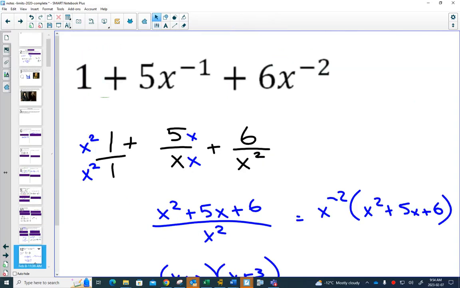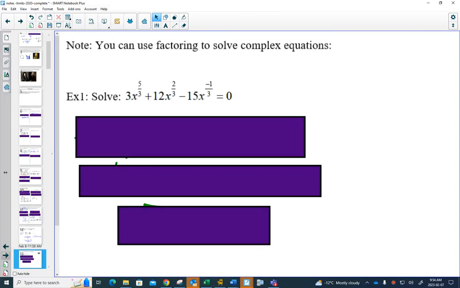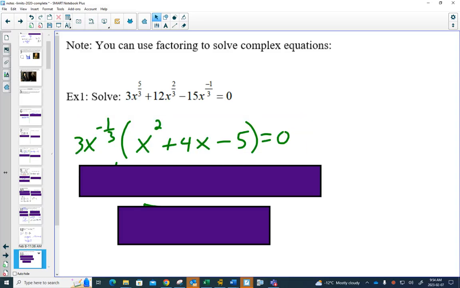And now you can actually solve these questions that look very complicated. What could I do? I could take out the 3 and the x to the negative 1/3. And things turn out nicely.